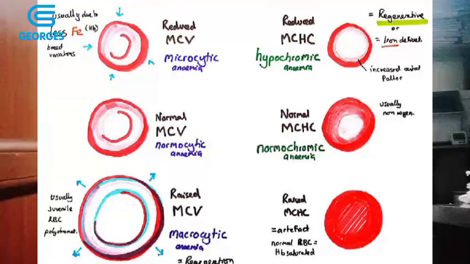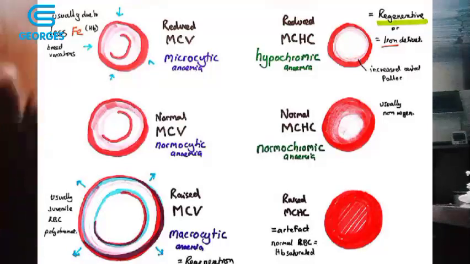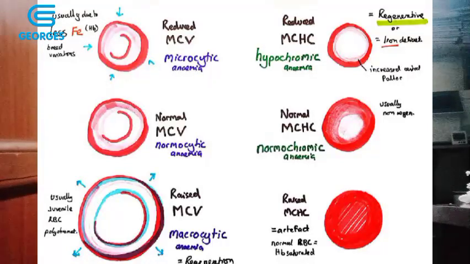But we can also have another phenomenon presenting like microcytic normochromic, or microcytic hyperchromic, or microcytic hypochromic, or macrocytic, whereby it is now a large MCV, but as much as it is macrocytic, it is normochromic. Macrocytic means that the MCV is increased, but the MCHC is normal.